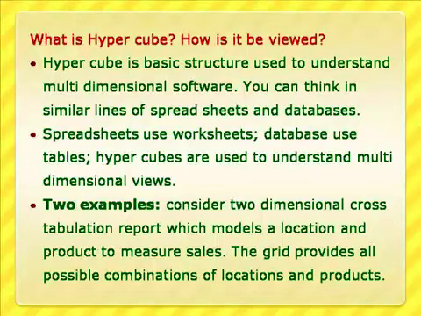So both representations, spreadsheets as well as database tables, are metaphors for representing the data in Excel sheets as well as the data in databases. In a similar way, a hypercube is a generic metaphor for representing multidimensional data.